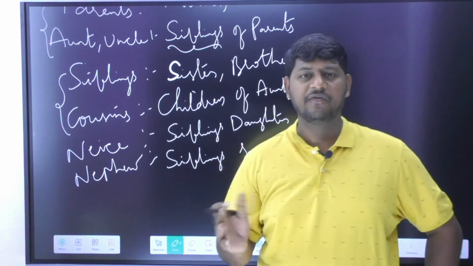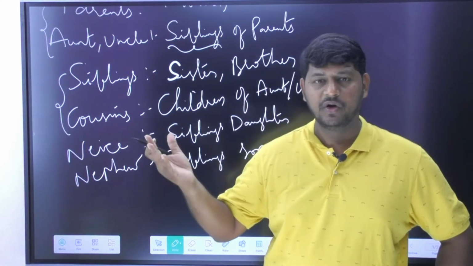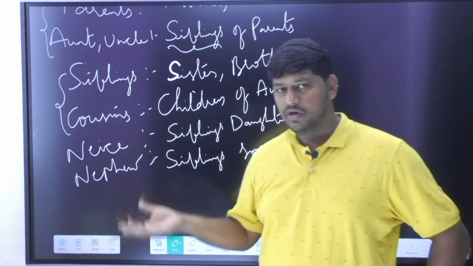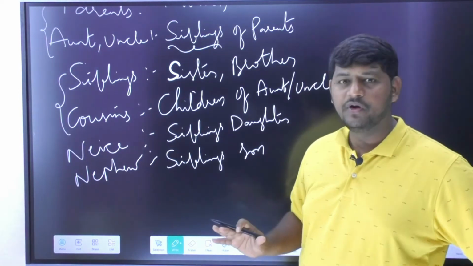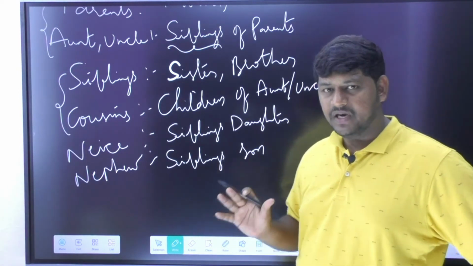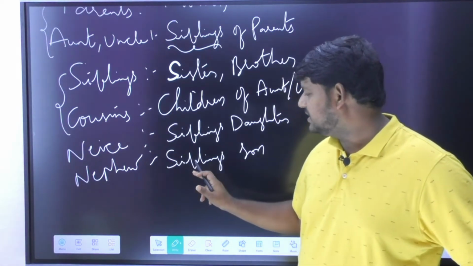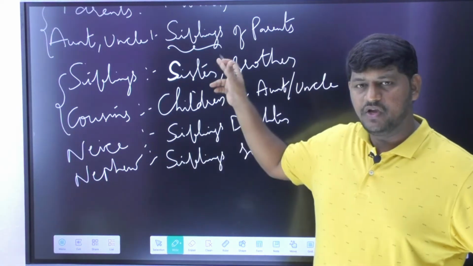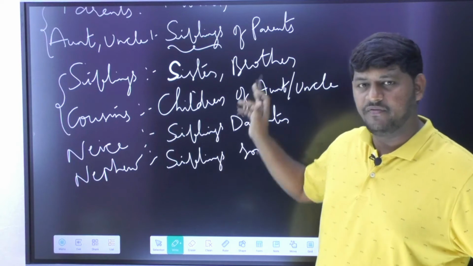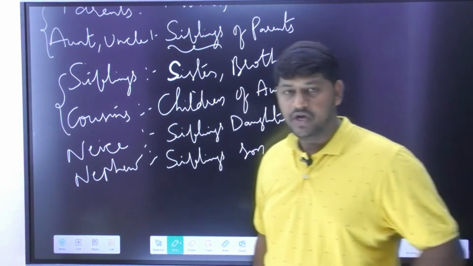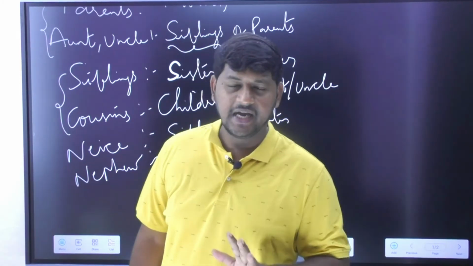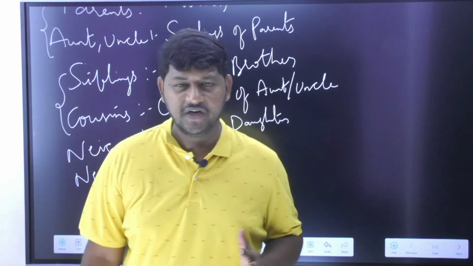You cannot have different answers, so that we all end up meeting in a court to figure out whose answer is correct. That is why we are never going to fall for that trap. So nephew is definitely your sibling's son. Your brother's son is also your nephew, and your sister's son is also going to be called what? Nephew. If you convert into mother tongue, again we are going to receive different answers.